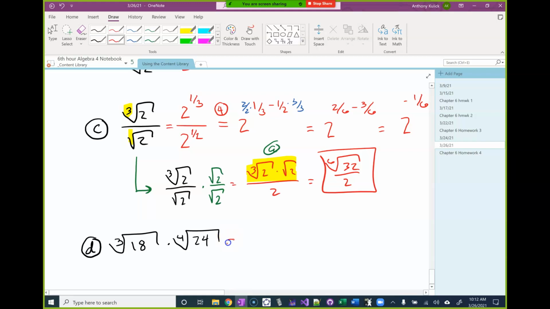So here I would start by doing a prime factorization, because I noticed that 18 and 24 are not perfect squares, or not prime numbers. 18 is 2 times 3 squared. And 24 is 2 to the third times 3. Again, I'm doing these in my head. If you have to draw your factor tree and use your calculator, totally understandable. Not my expectation you're able to do these in your head.